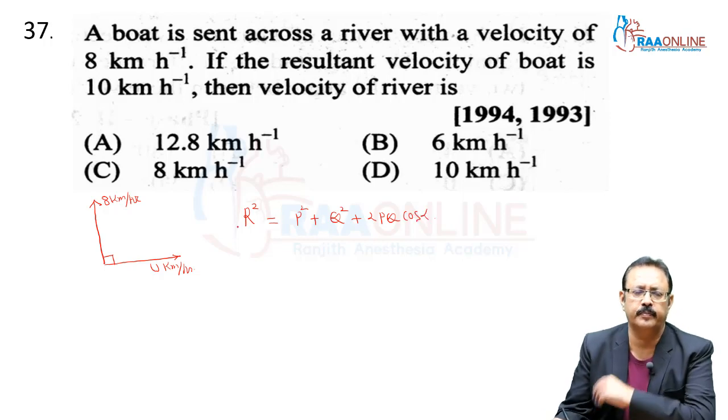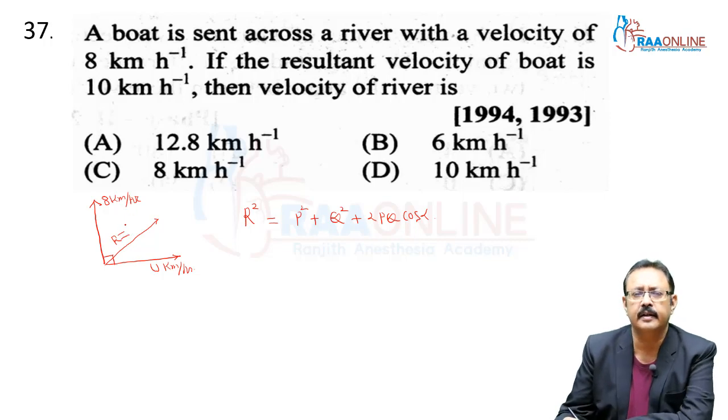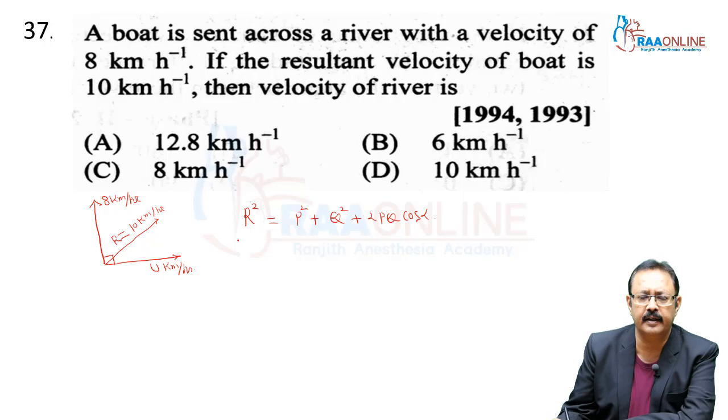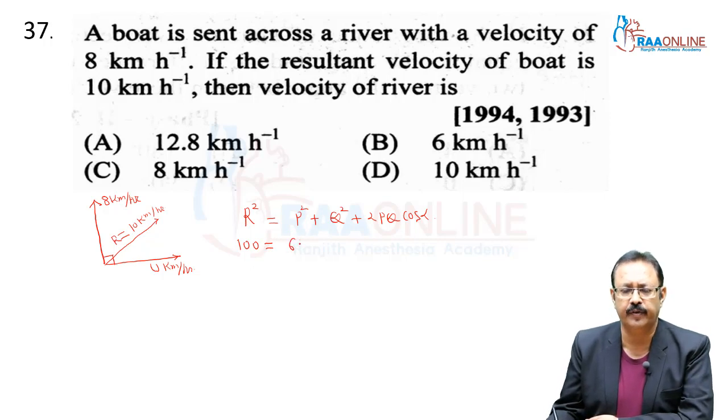In this problem, this gave us the resultant. What is the value of the resultant? It is 10 kilometer per hour. So the square of R, the square of 10, is 100. P square is 64.